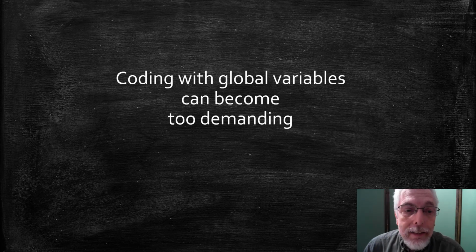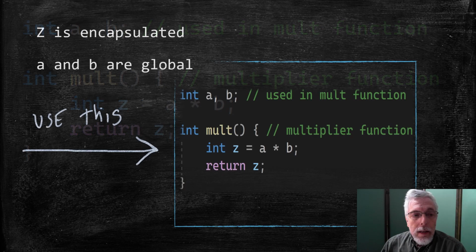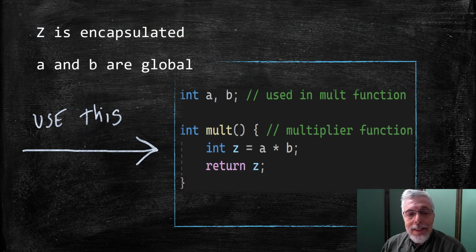This just highlights that in general you might say, well, global variables, how bad could they be? Avoid things like that. Well, they can become demanding. So here I have a function called mult, and it relies on 2 global variables, a and b. You would say z is encapsulated. No one sees z.